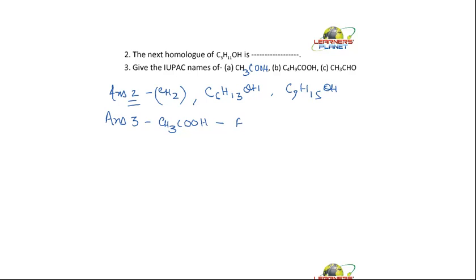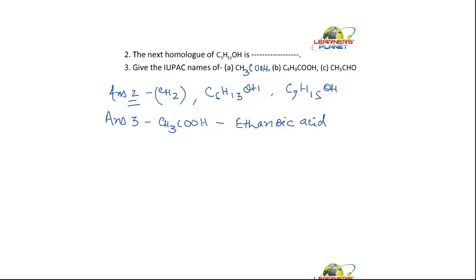What should be the root word? Eth. What type of bond is there between the 2 carbon atoms? Single bond. What should be the suffix? An. What is the group here? Carboxyl. Carboxyl groups are named as oic acids. What should be its name? Ethanoic acid. Its common name would be acetic acid.